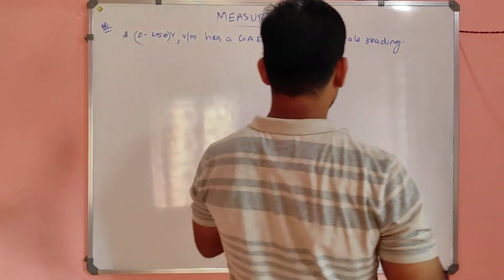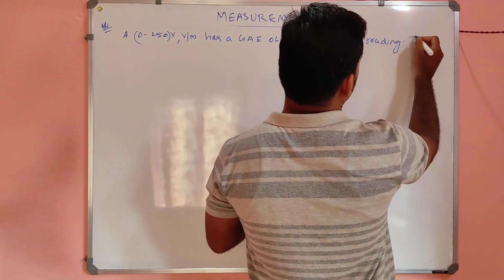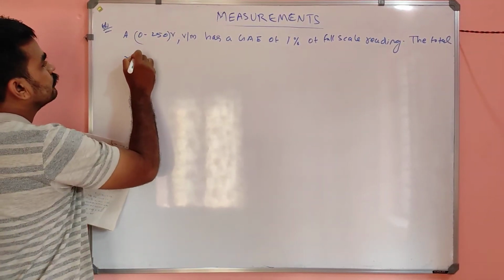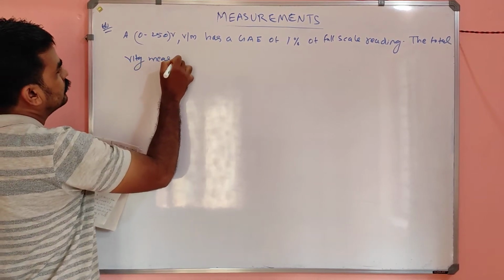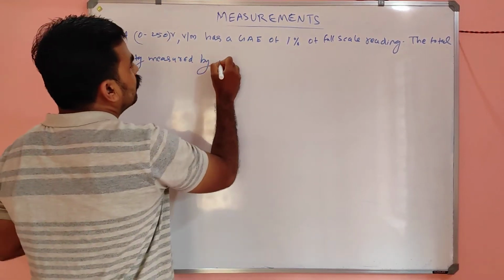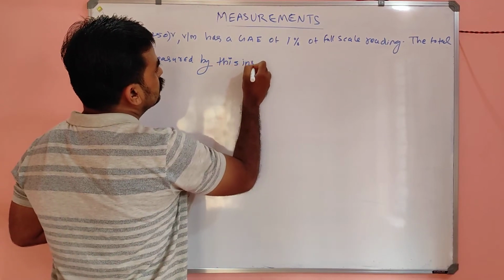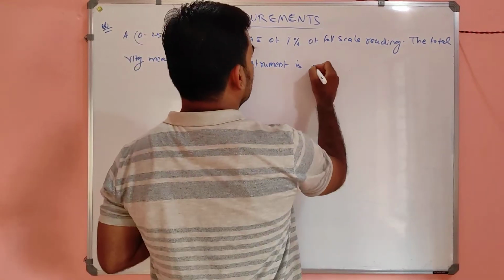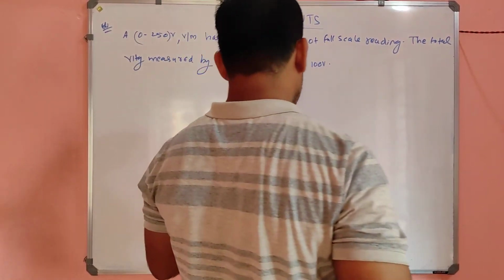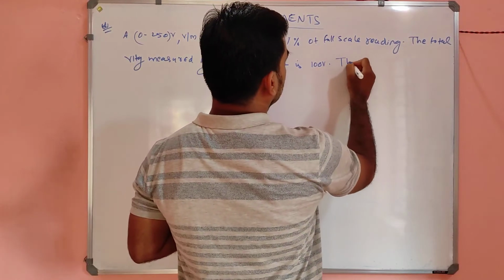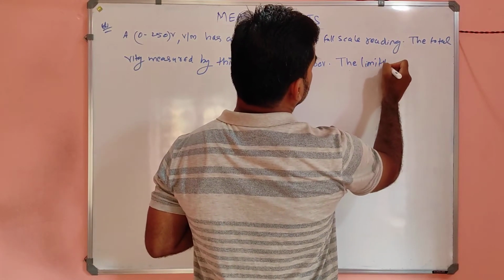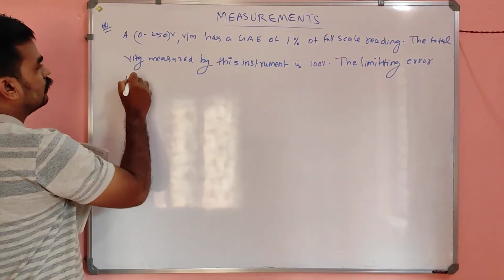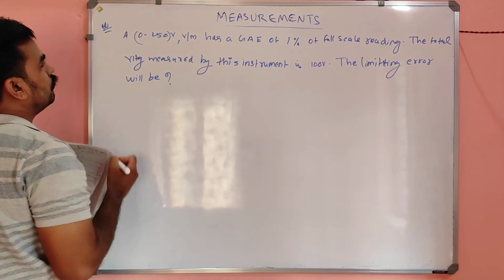The total voltage measured by this instrument is 100 volt. The limiting error will be what?